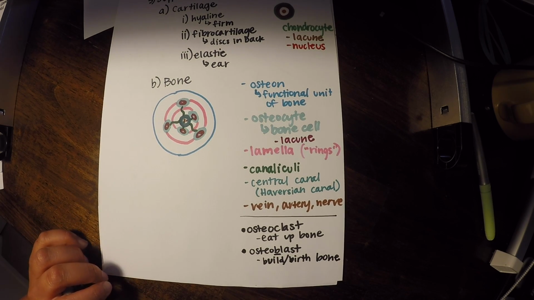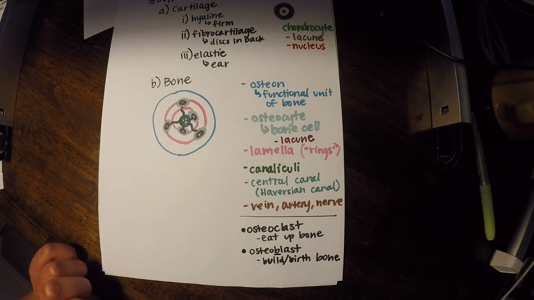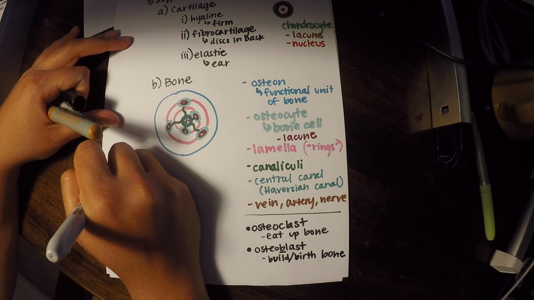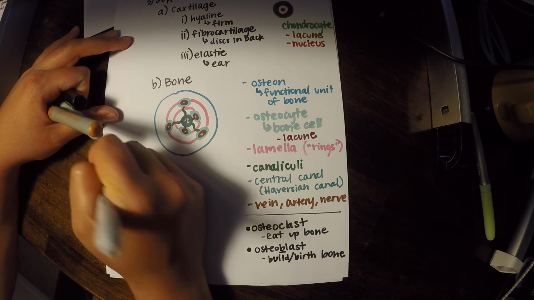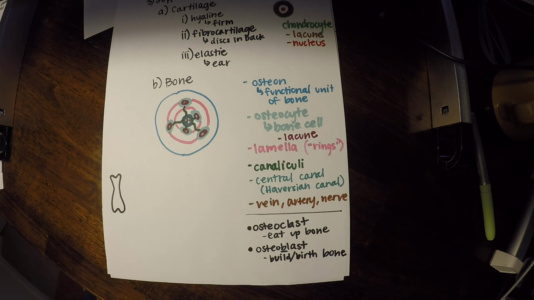Now, the last thing I want us to note is that sometimes bone can be situated right next to cartilage, and a good example of that is something called epiphyseal plates. Now, these little plates are things that we actually call growth plates. So I'm going to draw a little structure of a bone right here. That's our little bone.